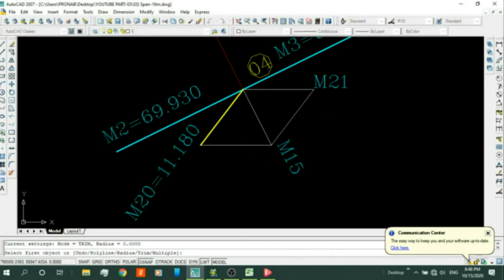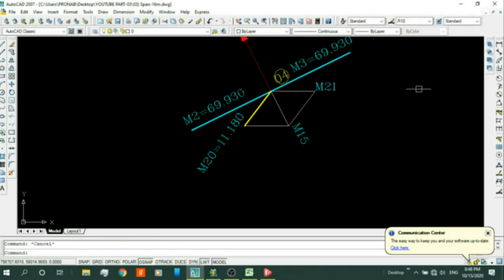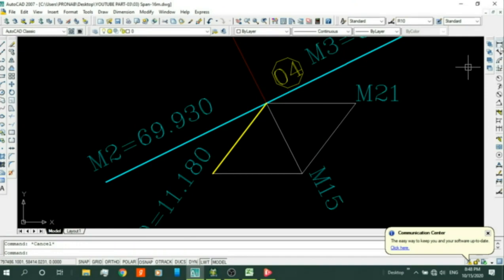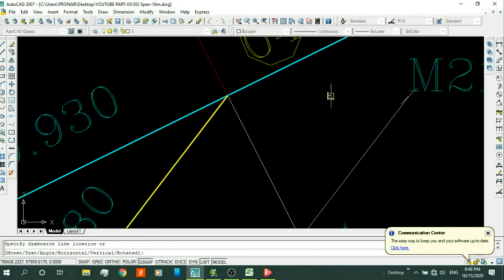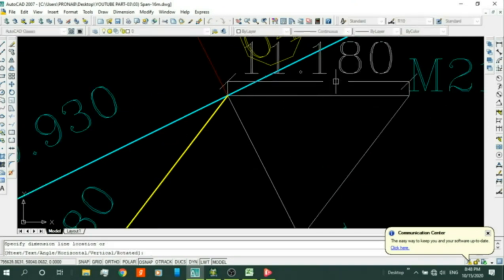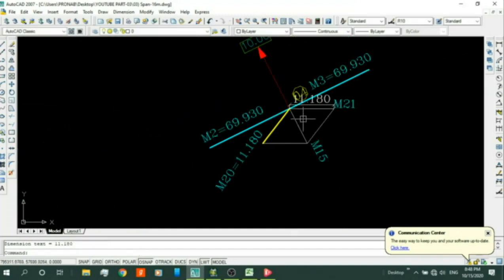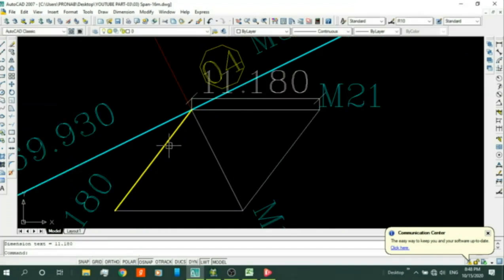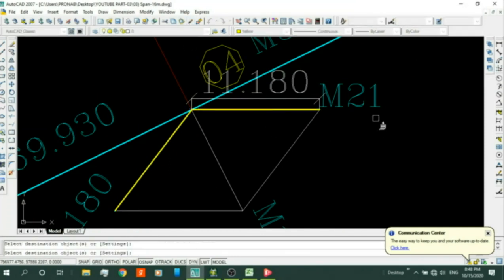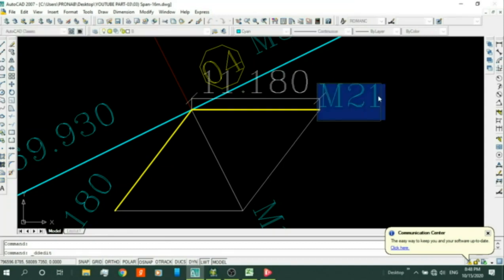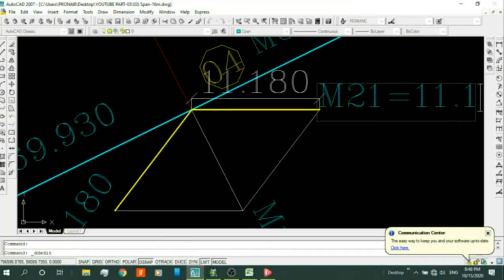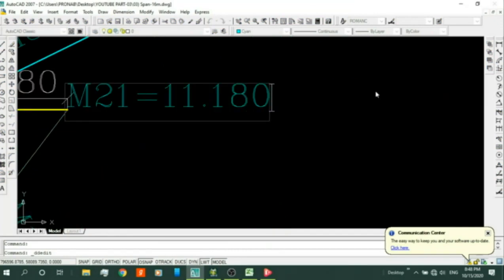If the value of M21 is equal to 11.180 and this member is in compression, so M21 is equal to 11.180 kilonewton.